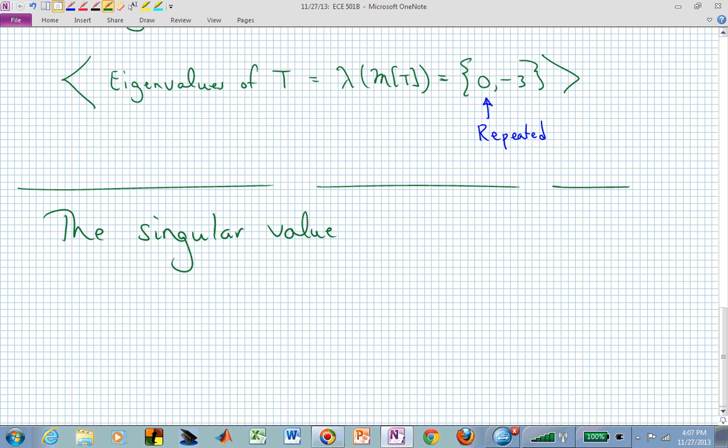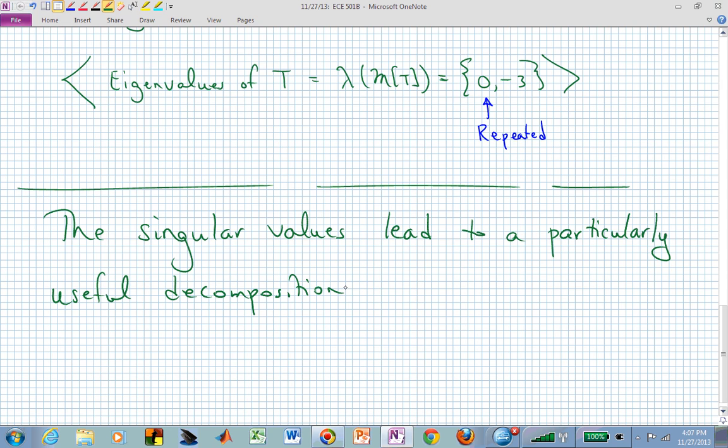or the singular values, lead to a particularly useful decomposition of any operator.